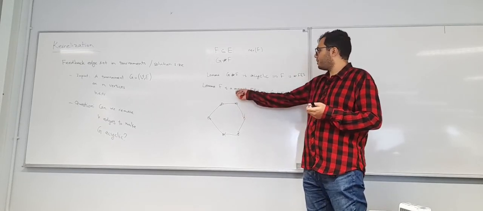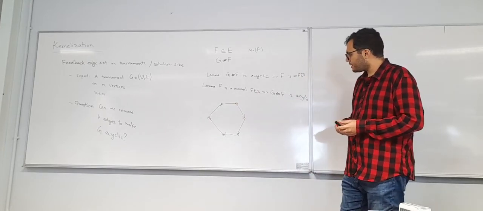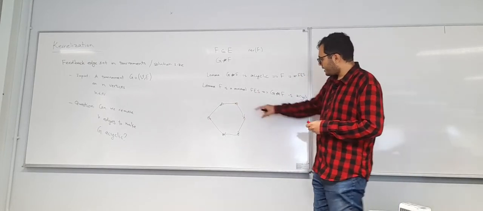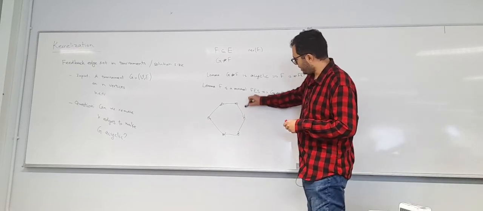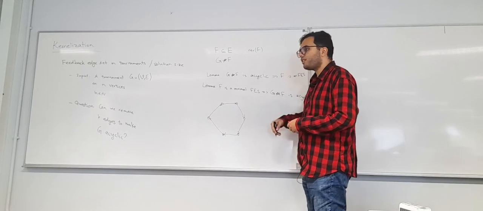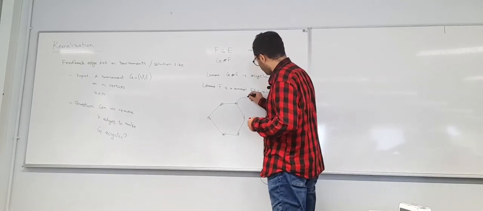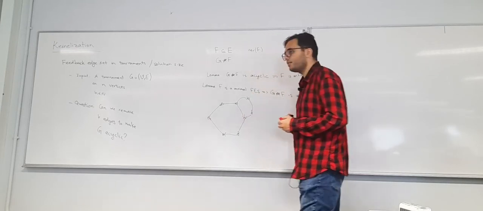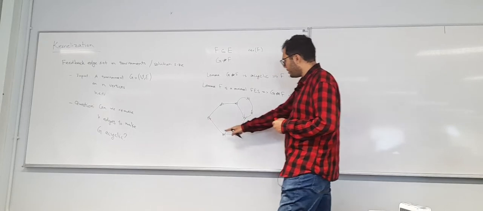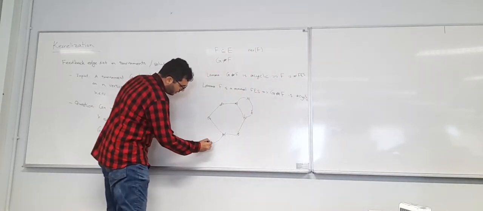Otherwise, I could just remove that edge from F and F would not be minimal. So this means that this edge, when it was on the other side, when it had the opposite direction, was in some cycle, right? So that cycle can be something like this. Okay. Similarly, this edge, when it was in the opposite direction, was in some cycle.